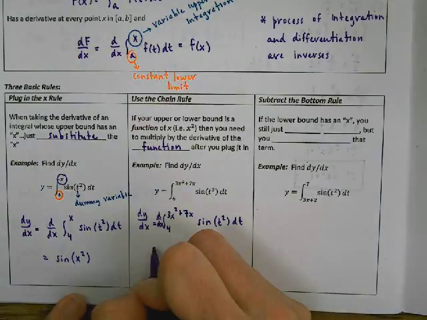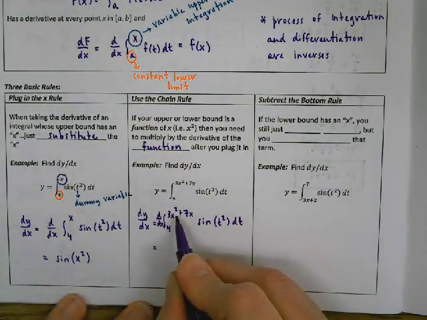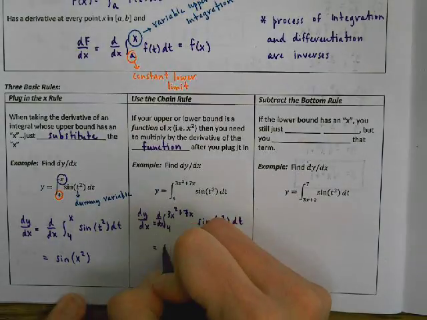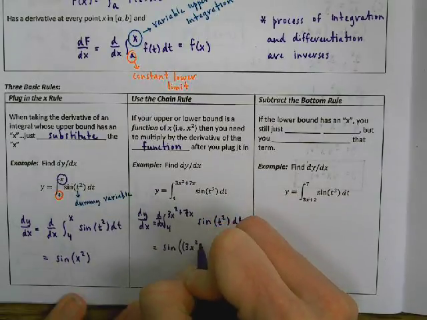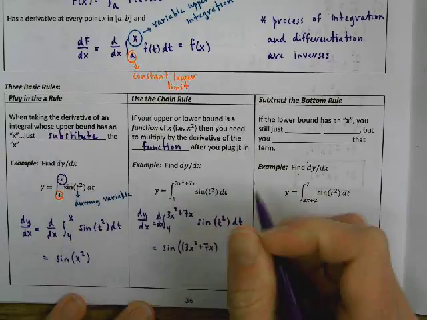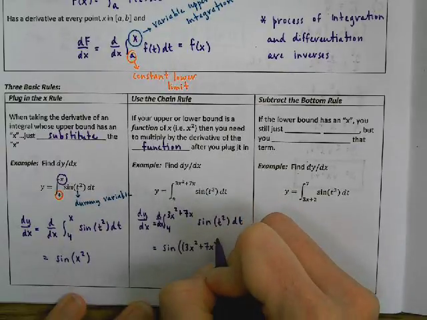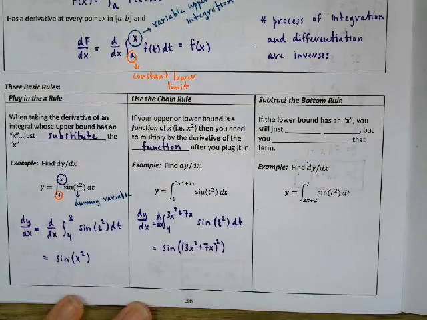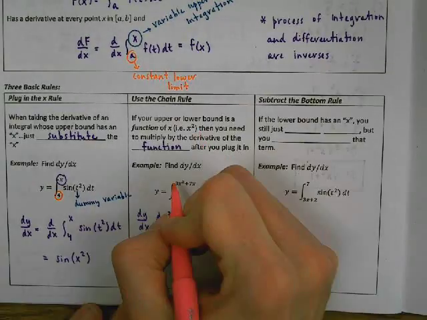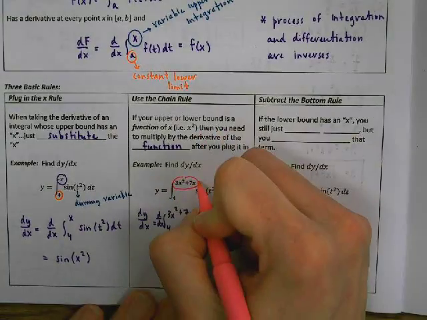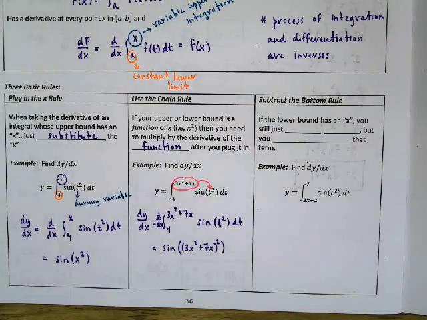So now, fundamental theorem says, well, the first thing I'm going to do is replace t with this function. So I'm going to have sine of, now I'm going to be careful here, it's 3x squared plus 7x, quantity squared. So there's the first part. All I did for the first part, since I saw this was a function of x, was I replaced t with that function.